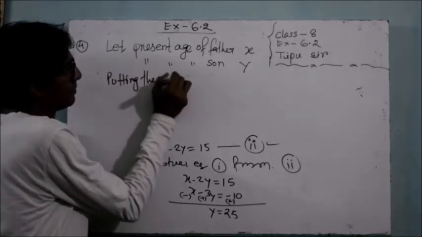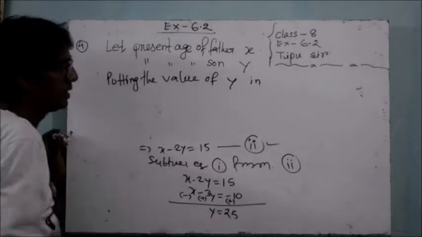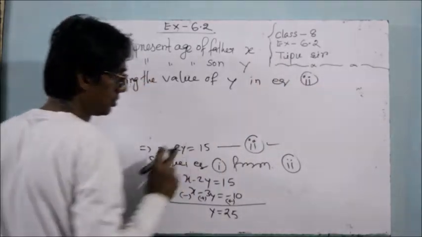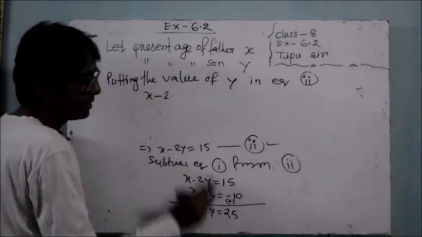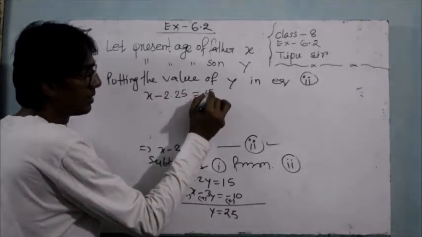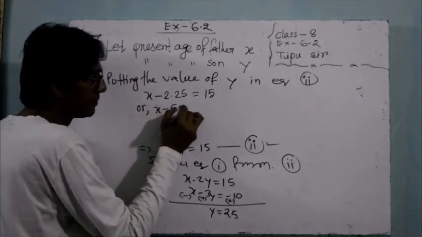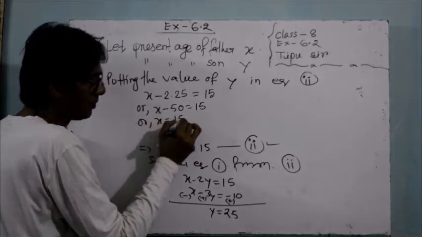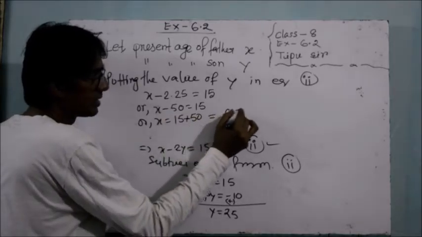Putting the value of y in equation 2. Look here, equation 2, x minus 2y, y means 25, equal to 15, or x minus 50 is equal to 15, or x is equal to 15 plus 50 equal to 65.